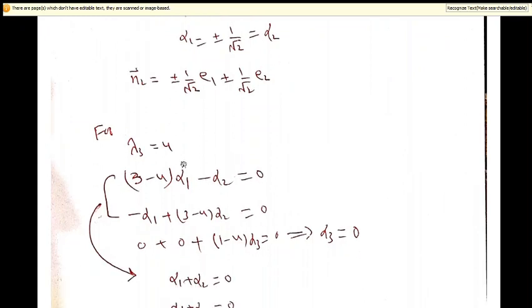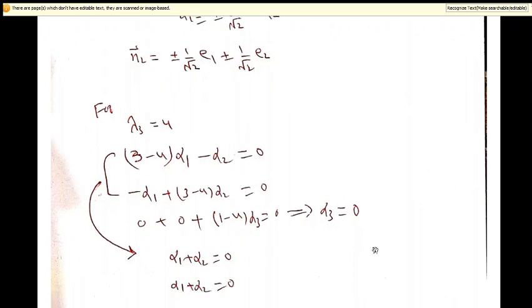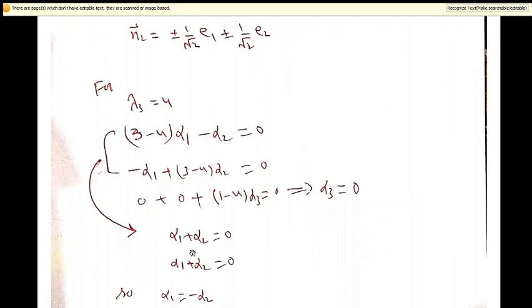For lambda 3 equal to 4, we have the first equation, then the second, from this system, and its third equation will give us alpha 3 equals 0. Now from the first two we can write alpha 1 equals minus alpha 2.